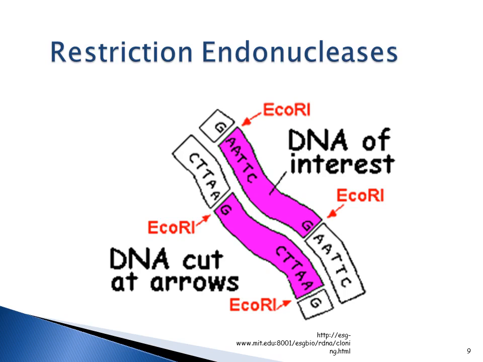So for example, this slide shows EcoRI, and EcoRI is an enzyme that's going to recognize the sequence GAATTC. And whenever it sees those 6 nucleotides in that exact order, it's going to cut between the G and the A.